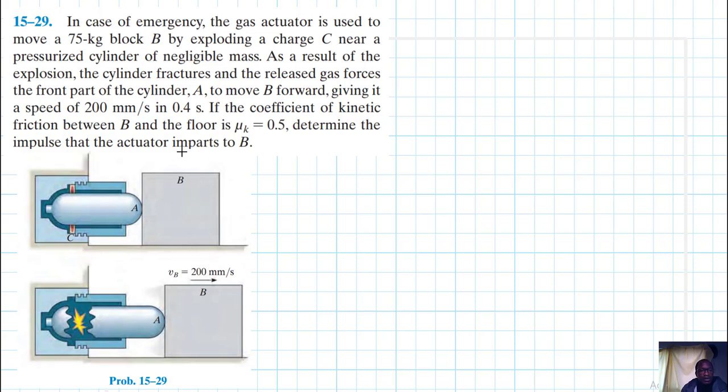So to start with, let's draw the free body diagram. We have the weight, the normal force, and the friction. Movement has taken place. Then we have this force.